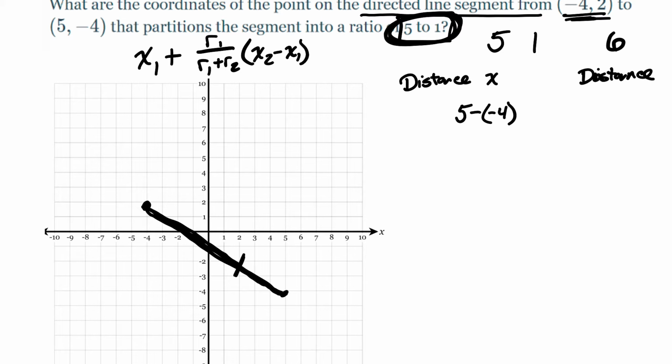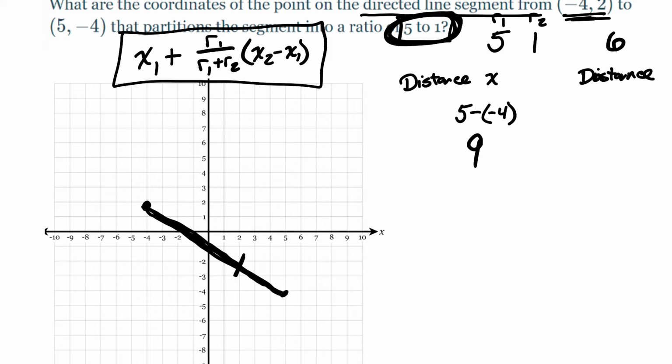It doesn't matter which one this is actually, because the distance is what it is. You can see that I did x2 minus x1. So what I learned is these points are 9 units away. I actually don't usually use this formula. What I do is I just create my proportion. So this is my R1 in case you do want to use this formula, and this is my R2.